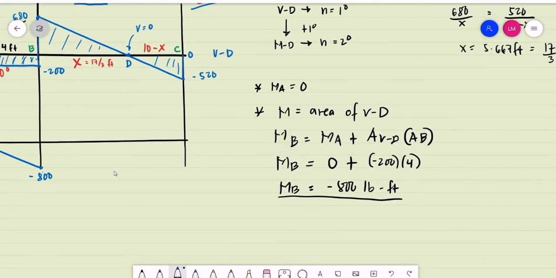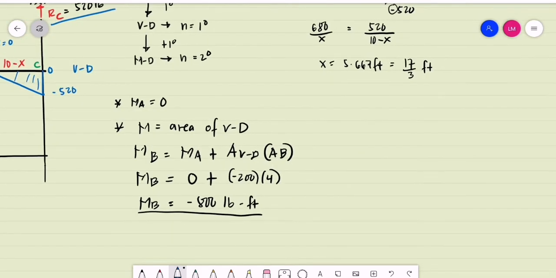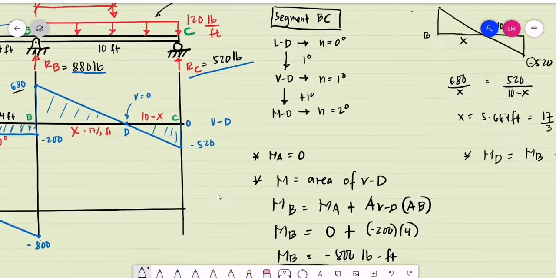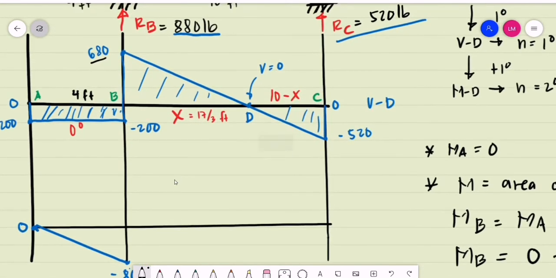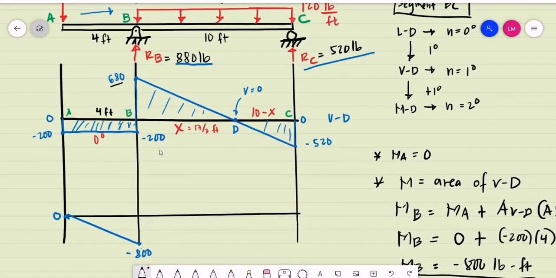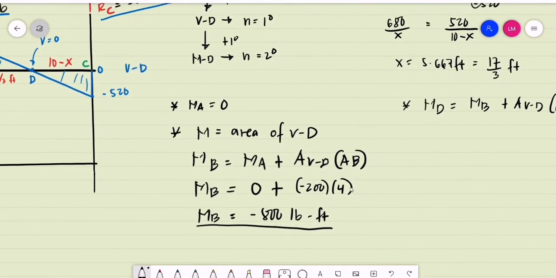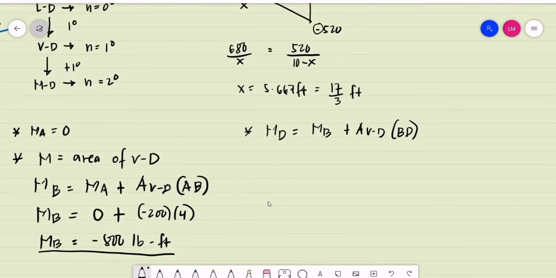Computing for the moment at D, what is our previous point? Our previous point is point B, plus the area of the shear diagram for the segment B to D. So the moment at point D: what is the moment at point B?